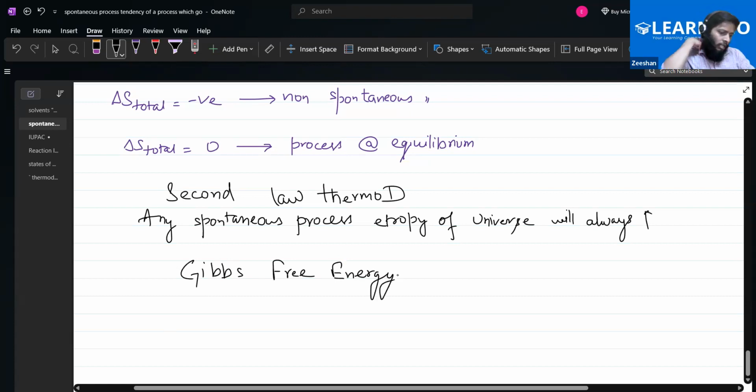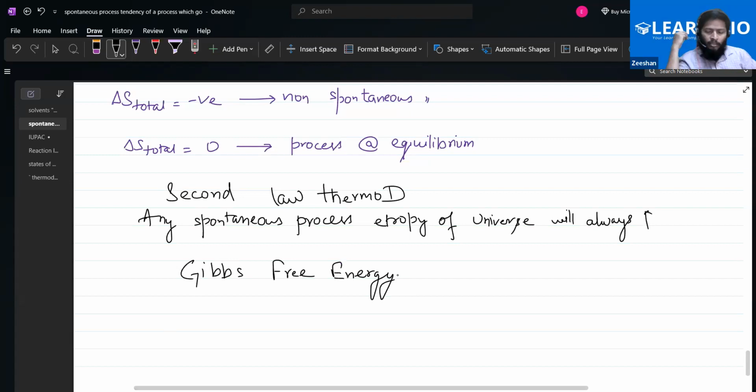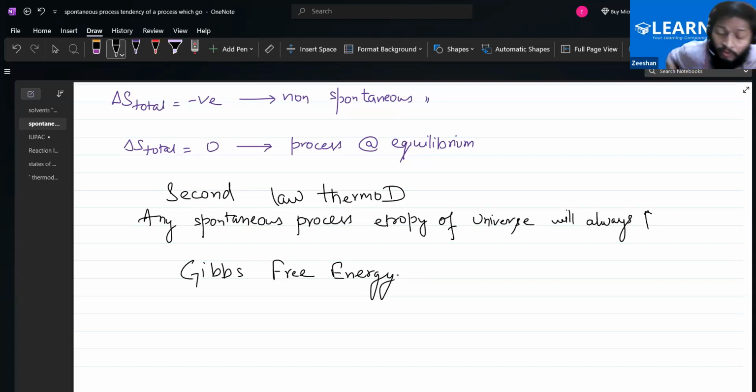Actually, in the theory part, you try to understand that, for example, if we are burning some coal and using it to move a turbine to produce electricity, this is what happens in thermal power plants, right?